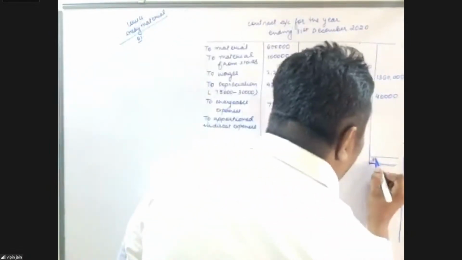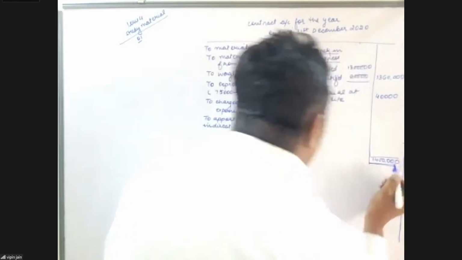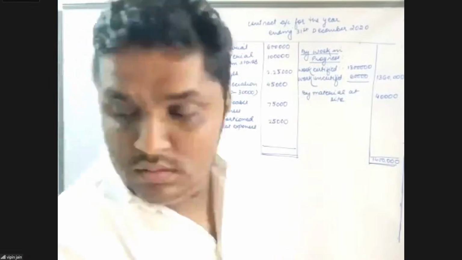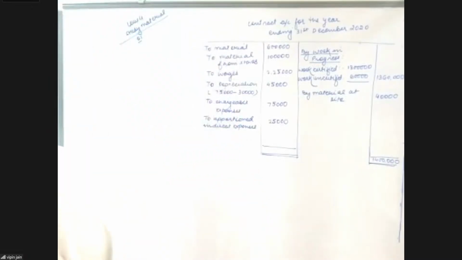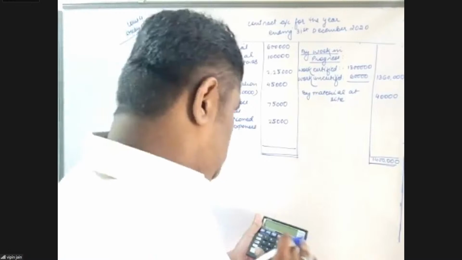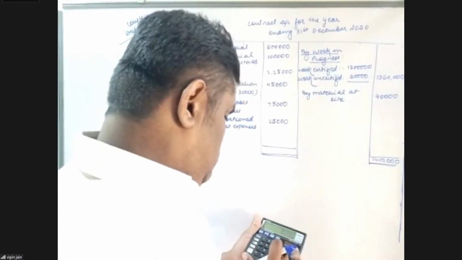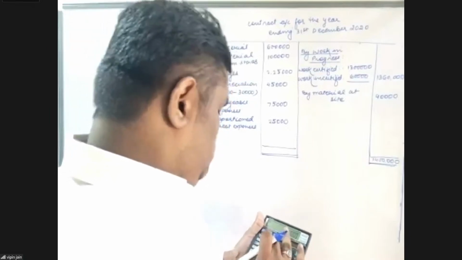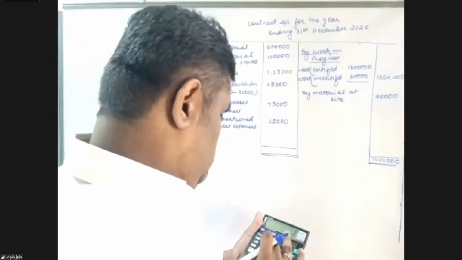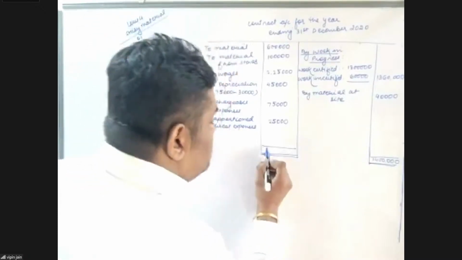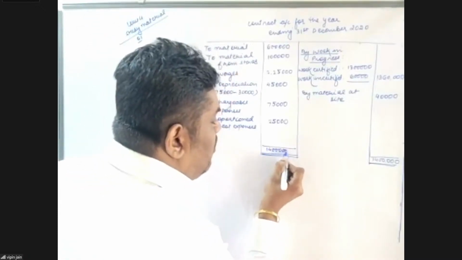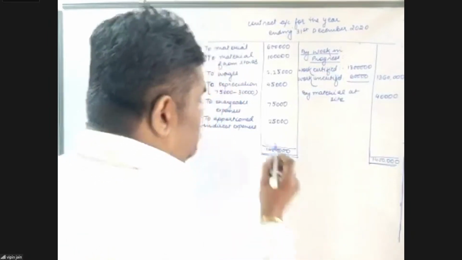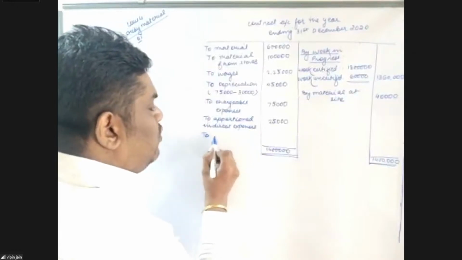So this is 14 lakh. This is also 14 lakh, minus 3,30,000.